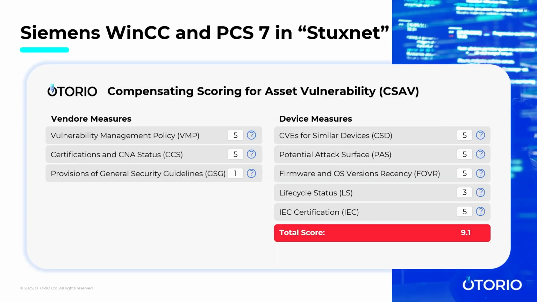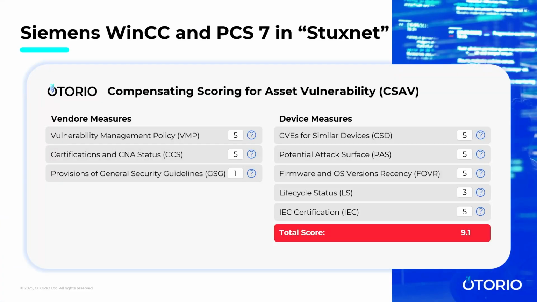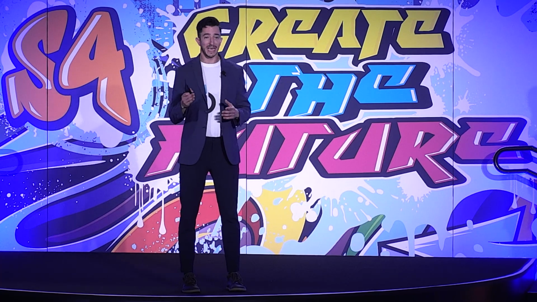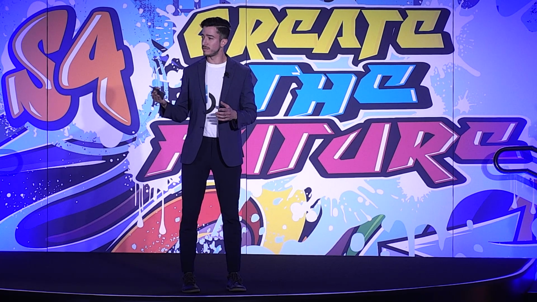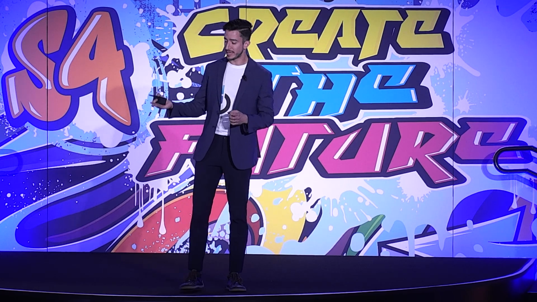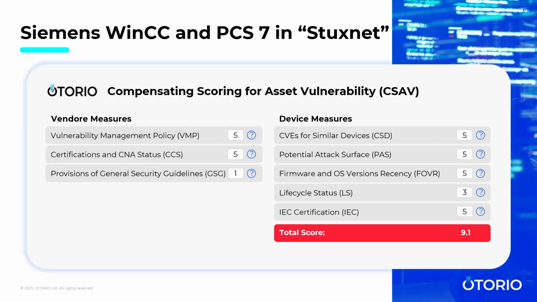Firmware and OS versions, again, we're seeing that it took many years until there was some update, I think about 7 years from the release of that specific version. Lifecycle management, so it was actually getting closer to end of support, which happened in 2010 for WinCC. So again, we gave some 3, and ISC certification, none.